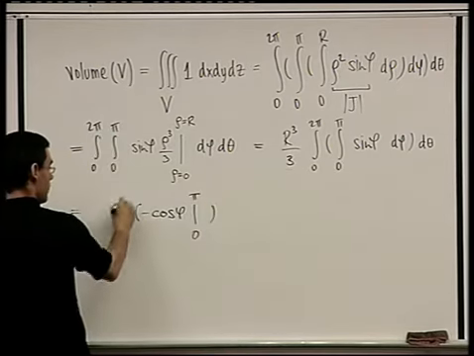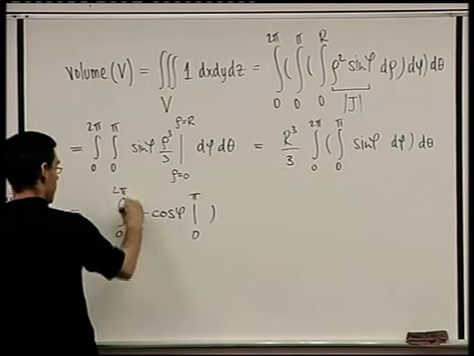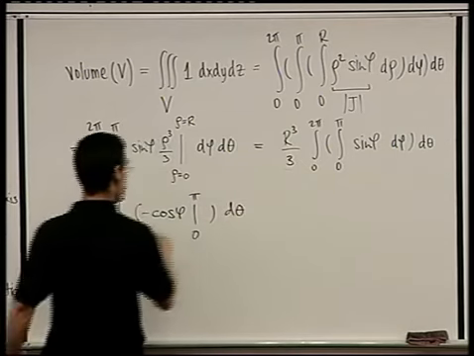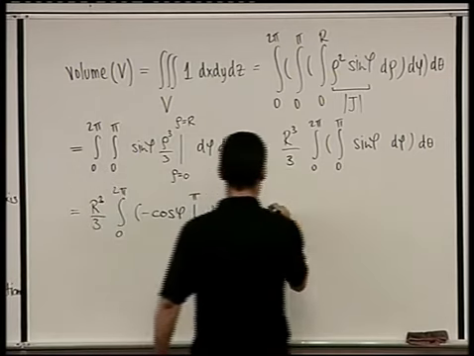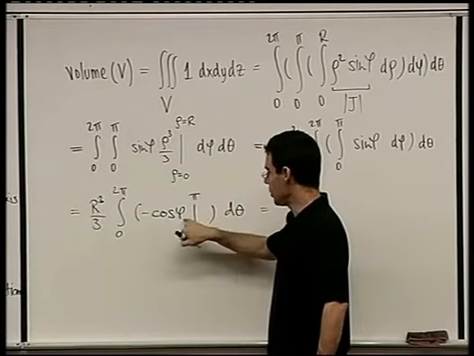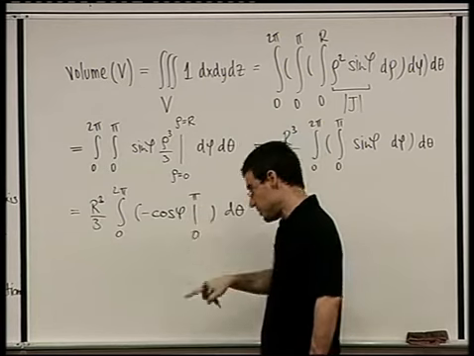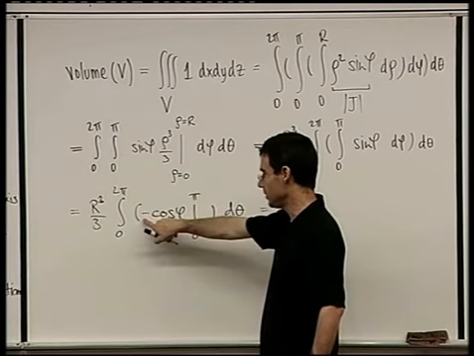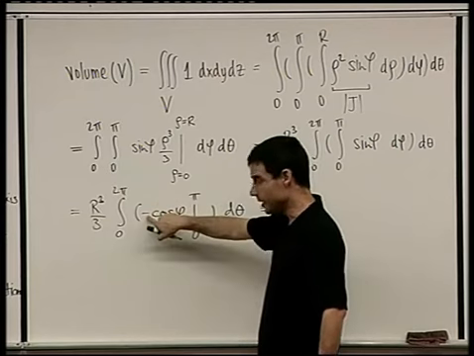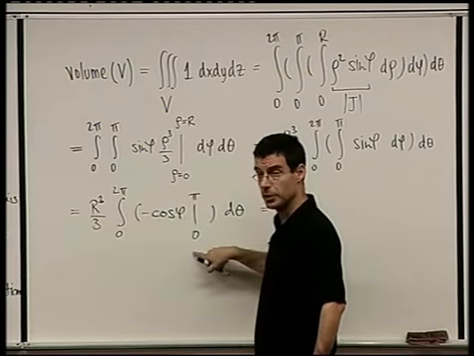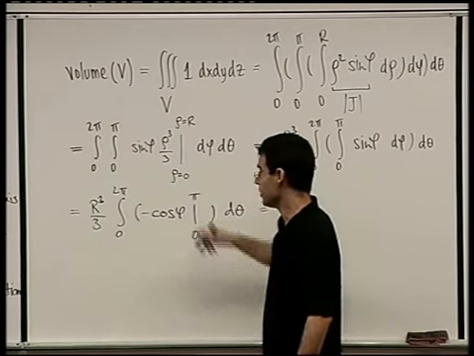And all of this I'm integrating from 0 to 2 pi d theta. And then there's this r to the power 3 over 3 out here. Now let's be careful. Cosine of pi is negative 1, but there's this minus here, so it's 1. Minus plus cosine of 0, which is 1. So this entire thing is a 2.